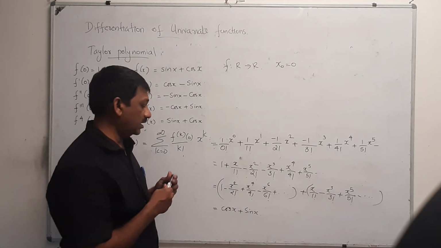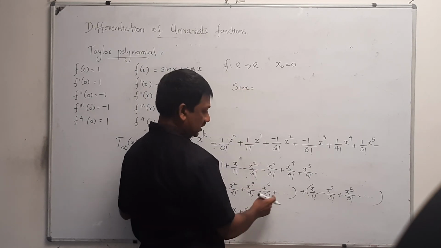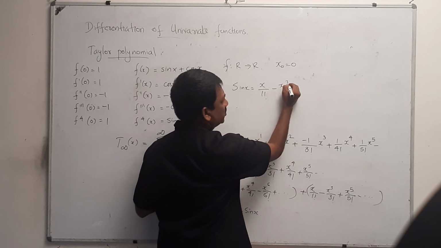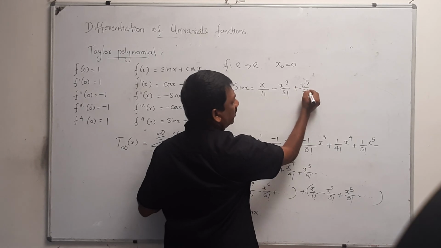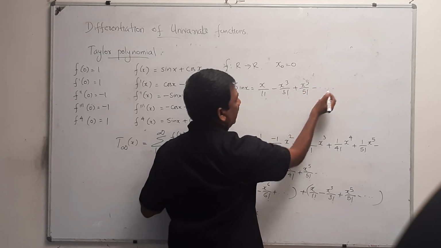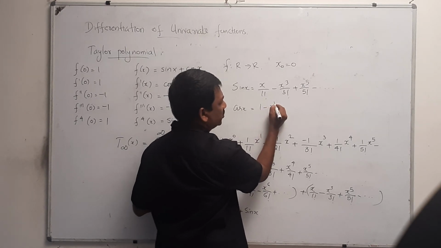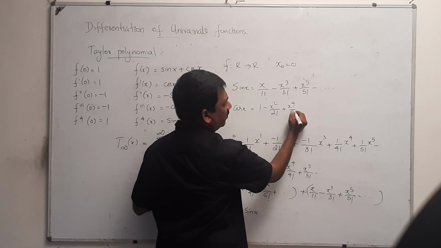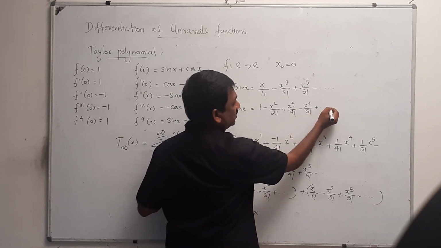So here we can write sin x is equal to x by 1 factorial minus x cube by 3 factorial plus x raised to 5 by 5 factorial minus etc. And cos x is equal to 1 minus x square by 2 factorial plus x raised to 4 by 4 factorial minus x raised to 6 by 6 factorial plus etc.